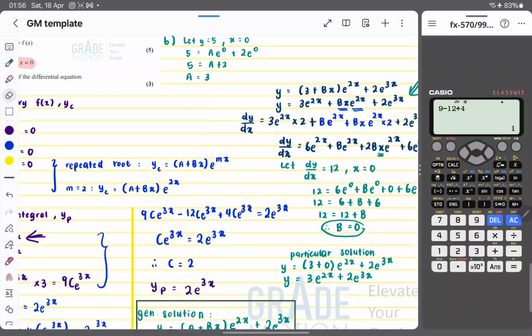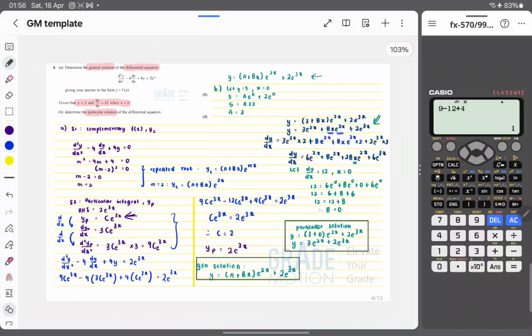That's it. Let me just erase this, and mark my answer. Okay, that's it. With that, we are done finding both the general and particular solution for this differential equation.